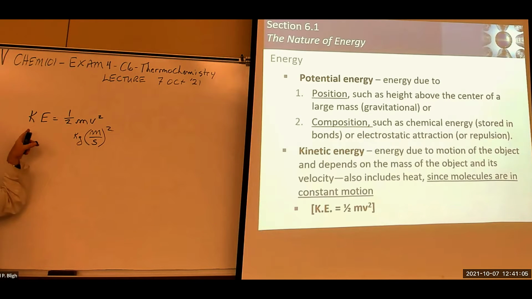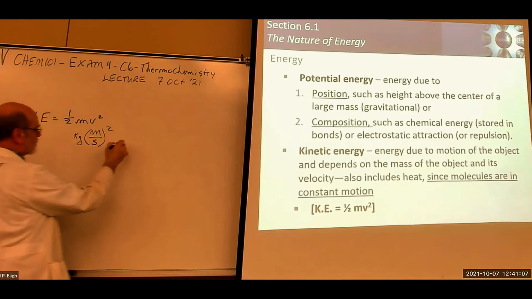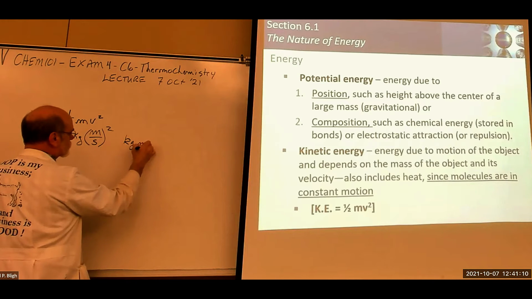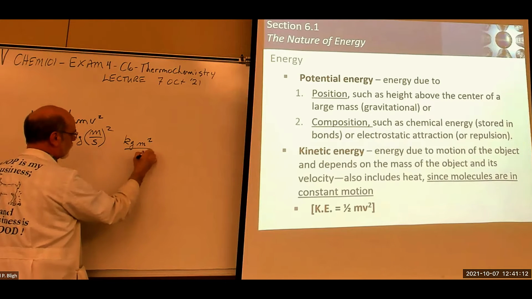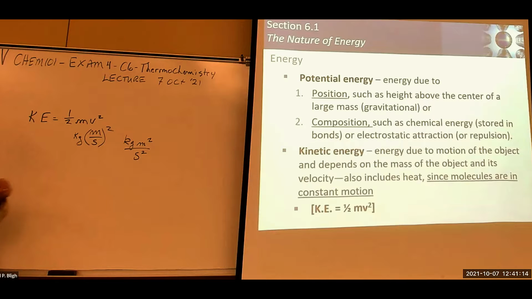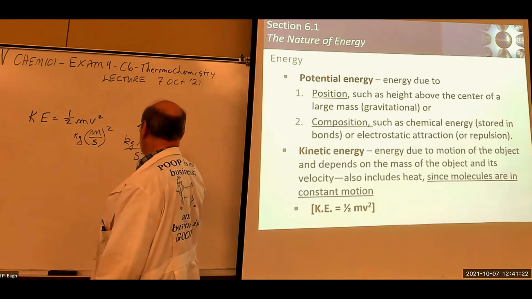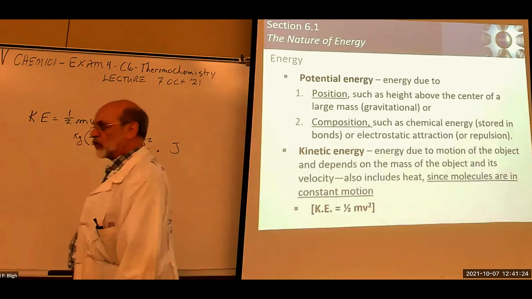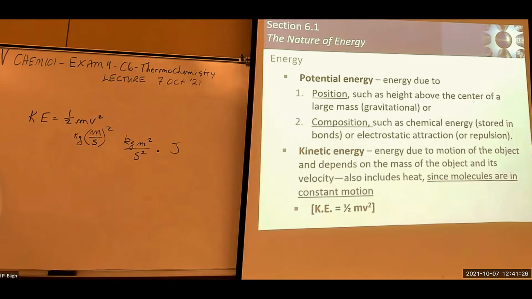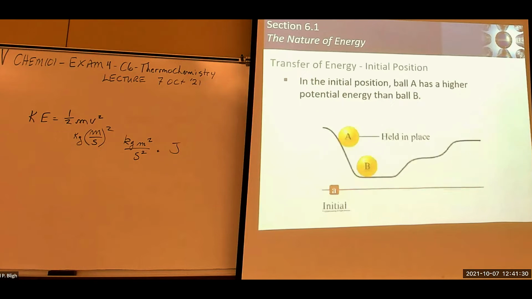So the unit of kinetic energy is kilogram meters squared per second squared. But we don't want to run around saying that all day long when we're talking about energy. So we created a new unit, and that's equal to a joule. You'll see that one a lot before we're done. The joule.